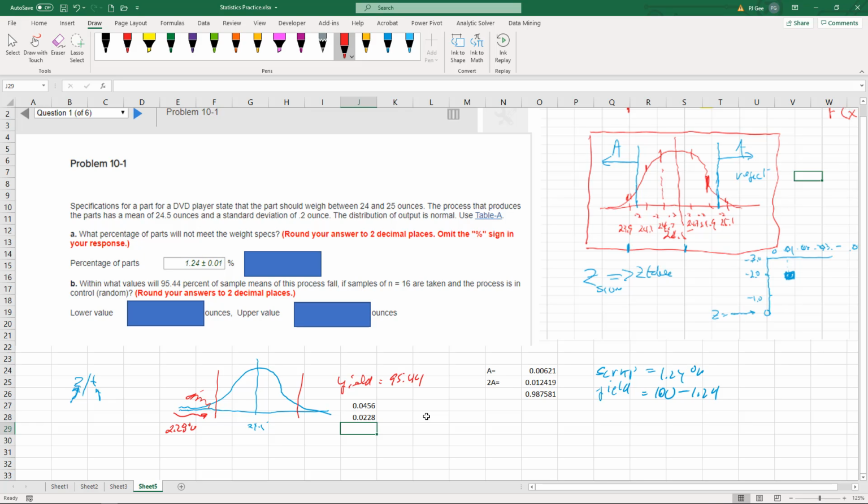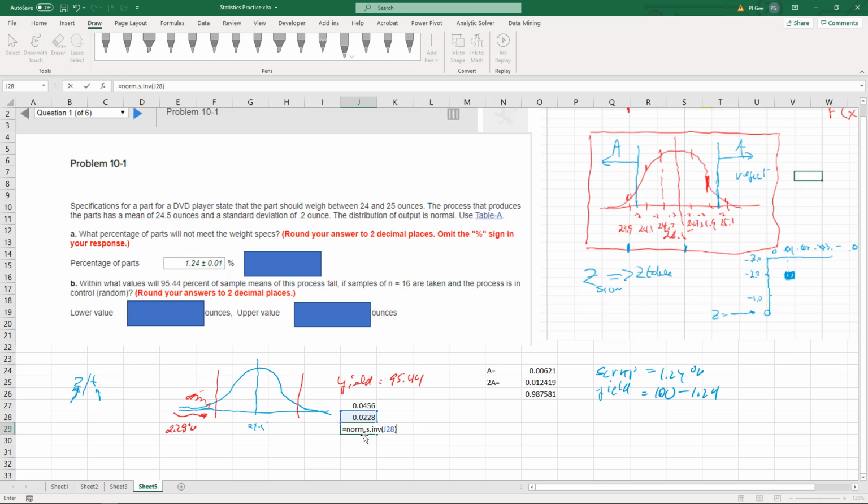Now what is that? We need the inverse of the norm distribution that we just ran. The formula we're going to use to get the z value is equals NORM.S.INV of a probability. We click in there, that's our probability.